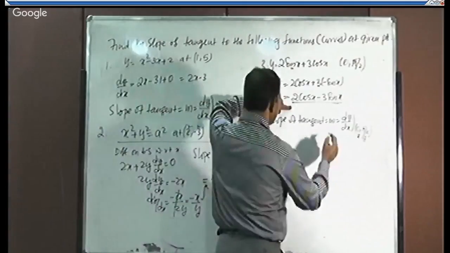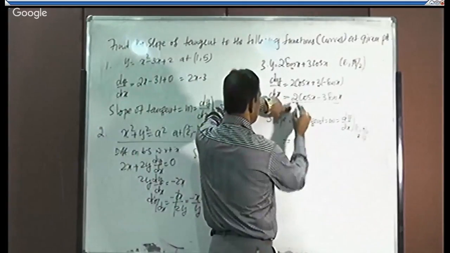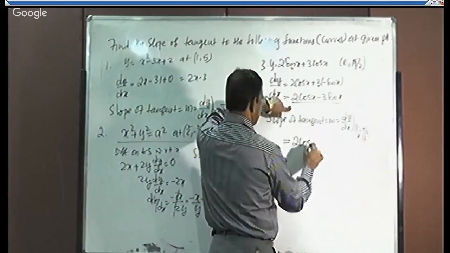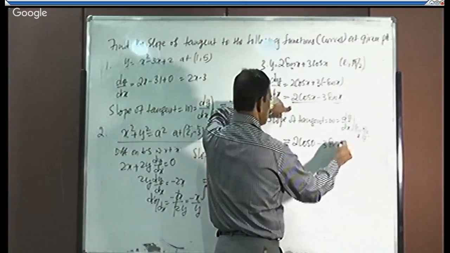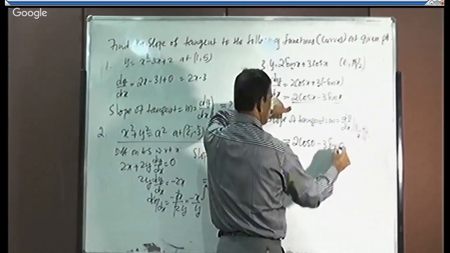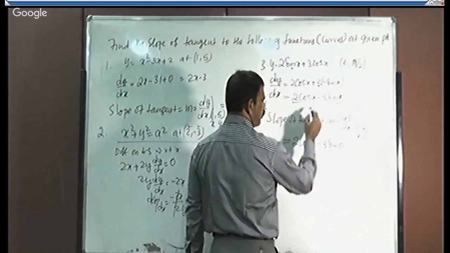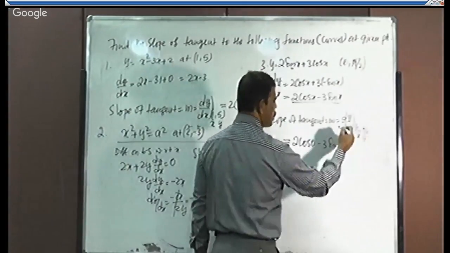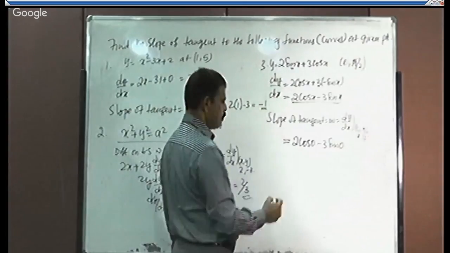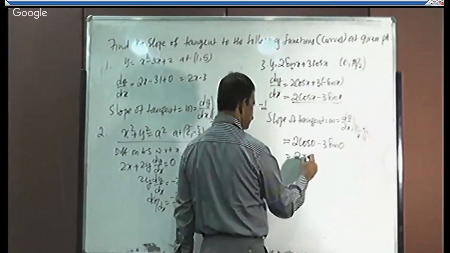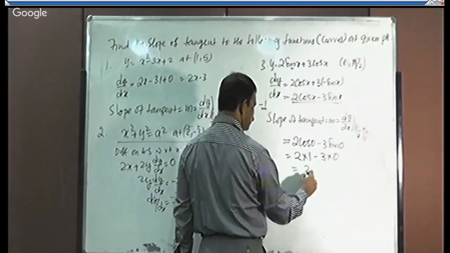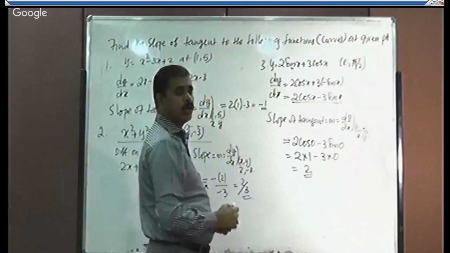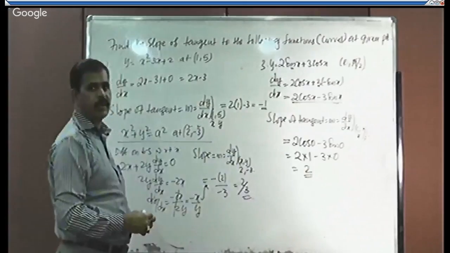What is dy by dx? 2 into cos of x, where x is 0, minus 3 into sin of x, where x is 0. For all x, we should take it as 0. Cos 0 is 1 and sin 0 is 0. Then the slope of tangent is 2.